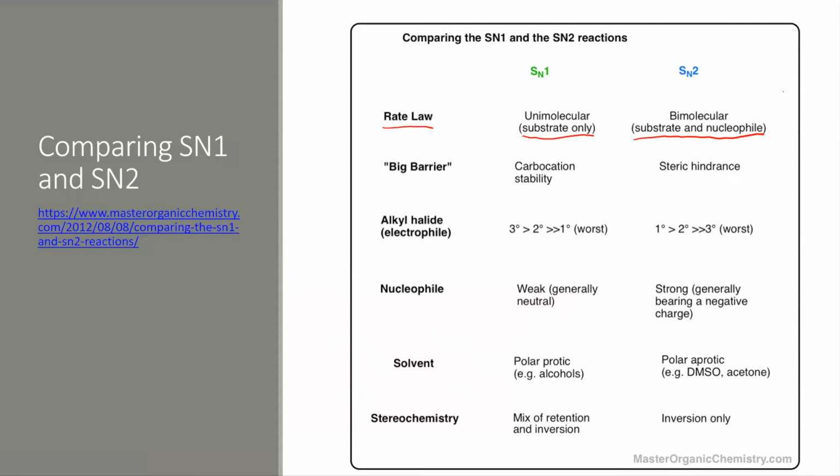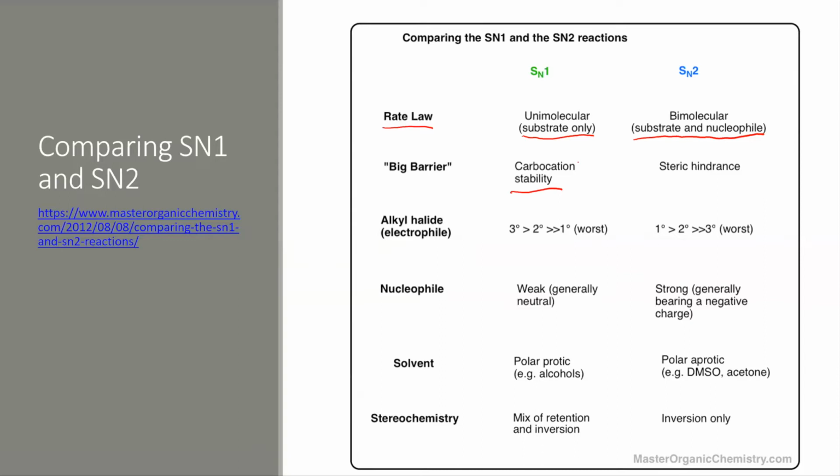What's the big barrier when we're looking at an SN1 reaction? This is going to be how stable the carbocation is. During that slow step, we're forming a full carbocation, and its ability to be stabilized will help the rate of the reaction.